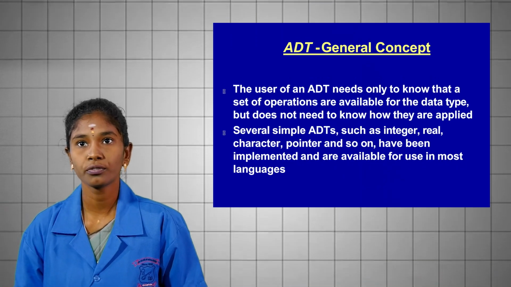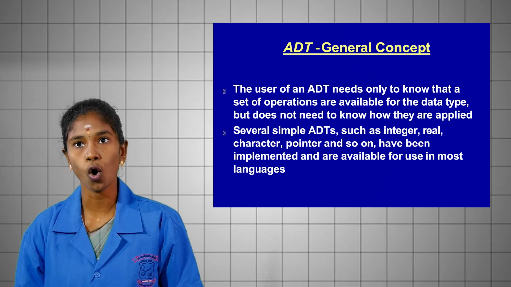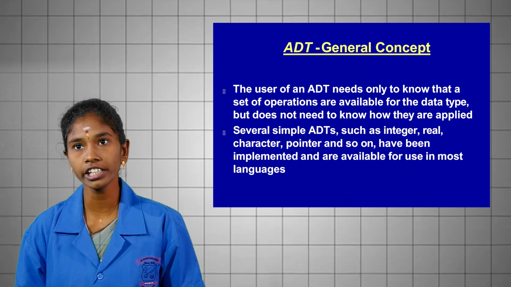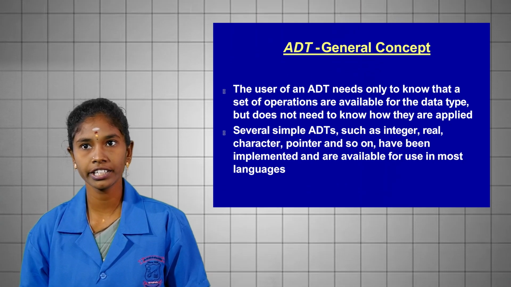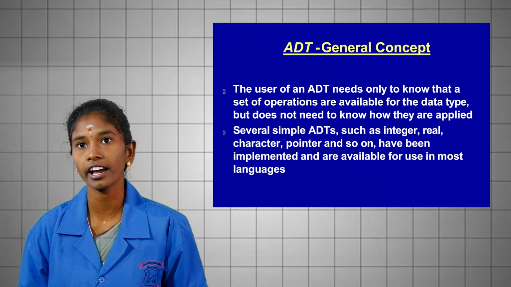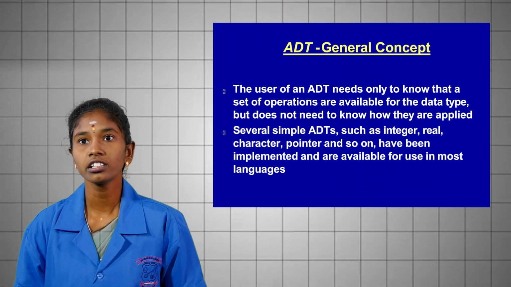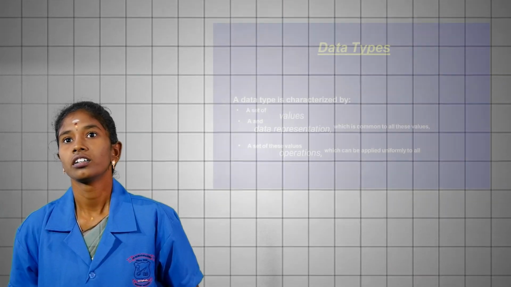The user of an ADT need only know that a set of operations is available for the data type, but does not need to know how they are implemented. Several simple ADTs such as integer, real, characters, pointers and so on have been implemented and are available for use in most languages.